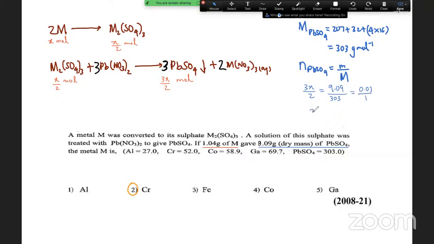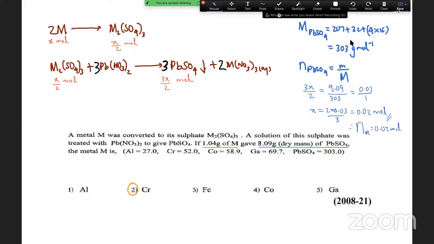So x is equal to 2 into 0.03 over 3. That is 0.02 moles. Okay, 0.02 moles. That is the value of x, and x is the number of moles of M, 0.02 moles.